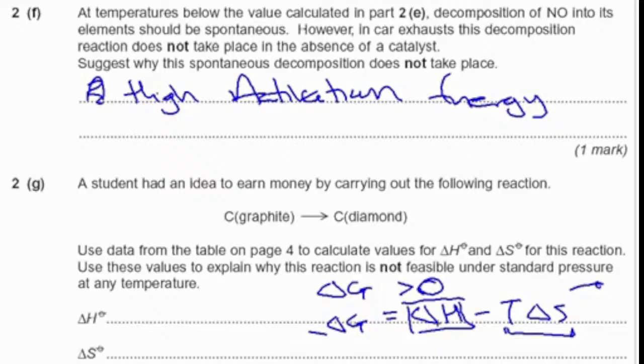But the thing is, if we suddenly had delta H being positive, then we could somehow make minus T delta S positive. You'd always have a number bigger than 0.